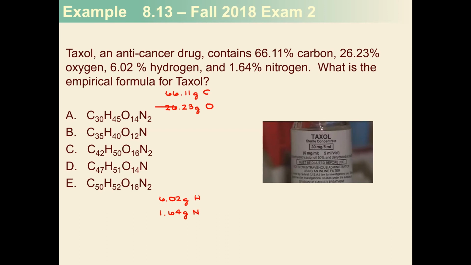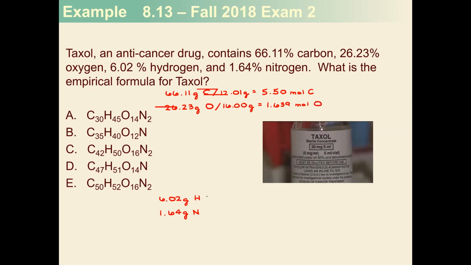So let us go ahead and start with our carbon and divide it by its molar mass of 12.01 grams, and you will end up getting 5.50 moles of our carbon. In the case of oxygen, we will divide by our 16 grams, which is the molar mass of our oxygen, and you will end up with a value of 1.639 moles of our oxygen.